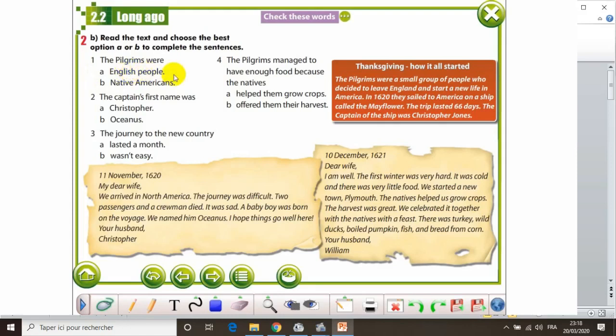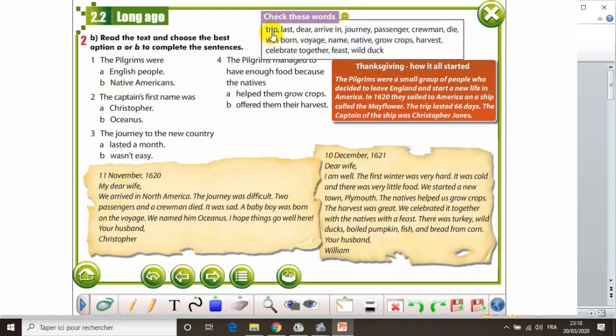So, before we do this exercise, I forgot something. We have to check these words: trip, last, dear, arrive in, journey, passenger, crewman, die, was born, and so on. Let's check them one by one.